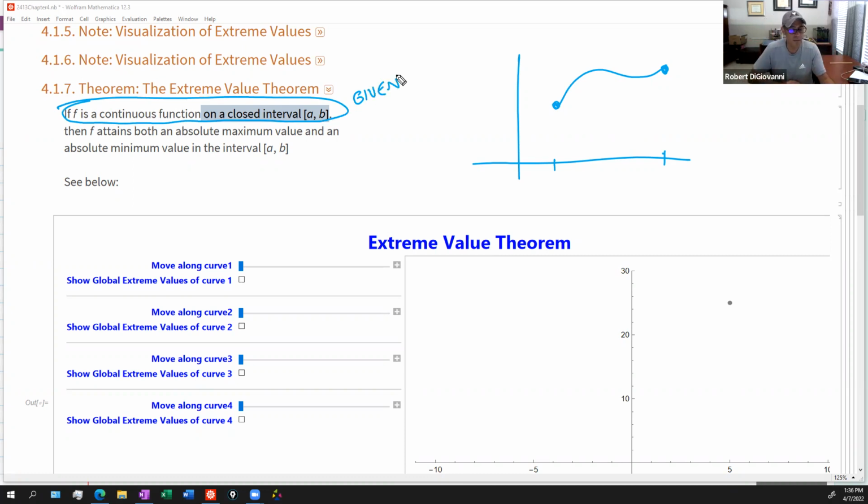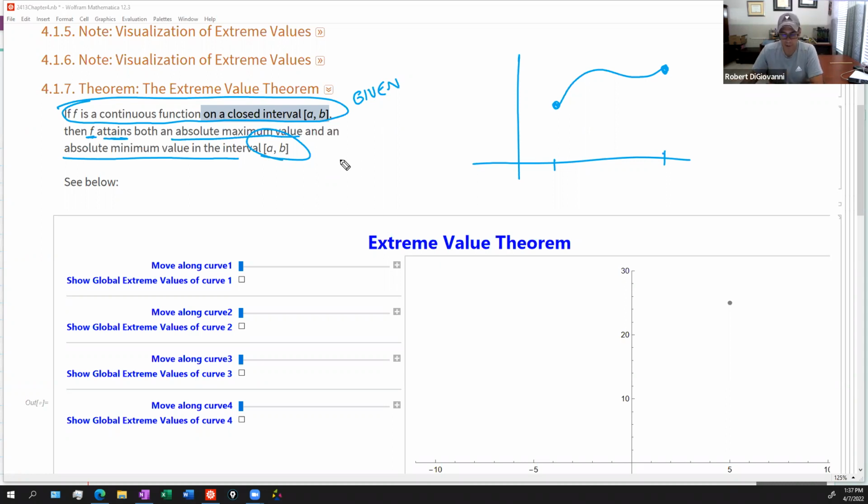The theorem says, then the function f attains both an absolute maximum value and an absolute minimum value in the interval. So if you've got a function connecting 2 points and you can't pick up your pencil, then I promise you, it will have a global max and a global min. It must. The existence of those two things has to be there.